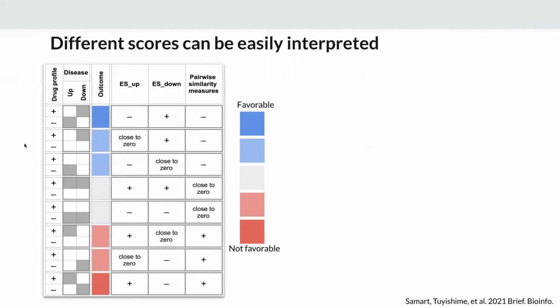After redefining all the methods, we got a scheme to interpret the meaning of the scores. Basically, different scores can be easily interpreted through the sign of the similarity metrics. The favorable outcomes, where the drug can fully or partially reverse the disease signatures, are the cases where we have negative enrichment scores for disease upregulated genes, or positive enrichment scores for disease downregulated genes, and negative non-enrichment score similarity measures.